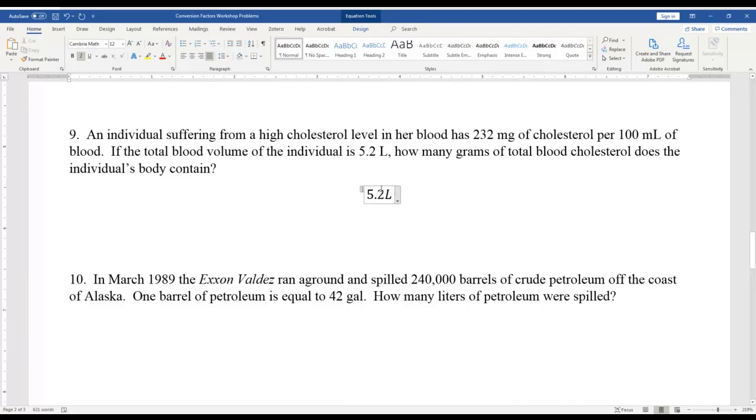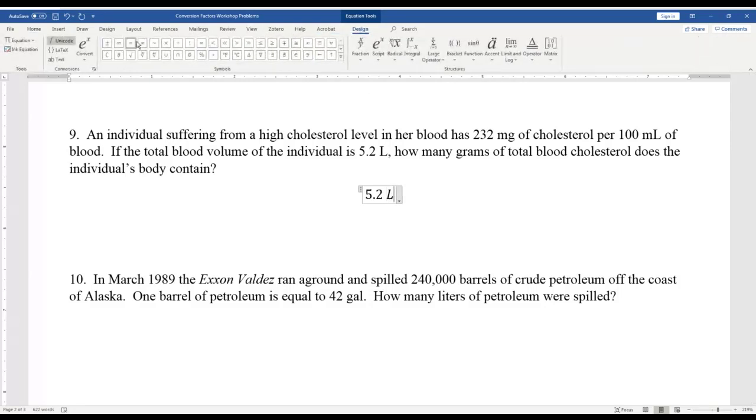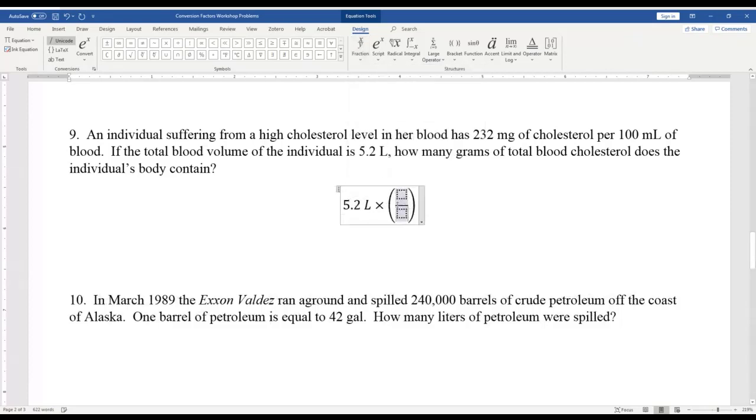So 5.2 liters is what we start with. Now, this is what we're going to do then. We are going to go ahead and set up some conversion factors and see how we can solve this. Now, what unit goes on the bottom of this first conversion factor? Oh, Jonathan.